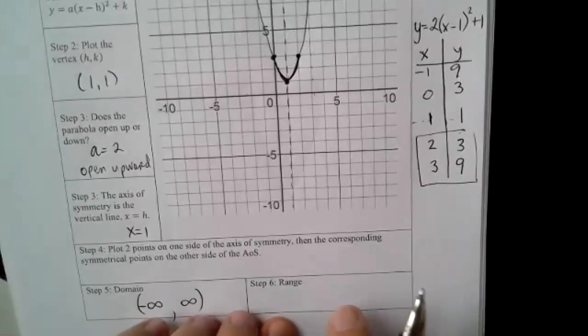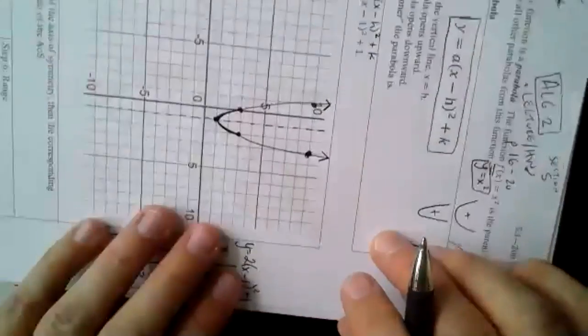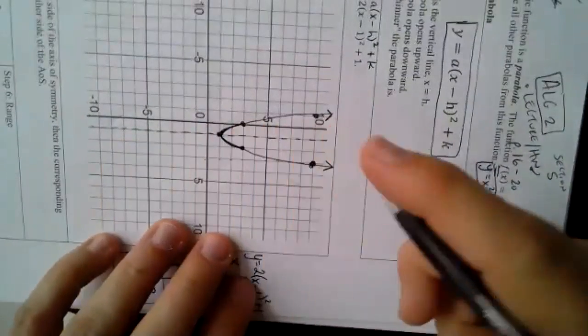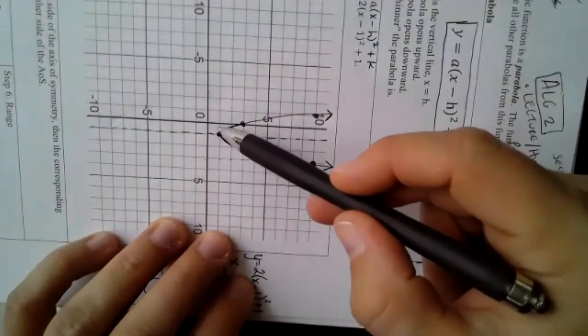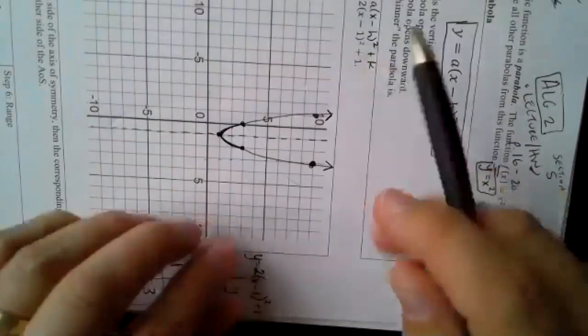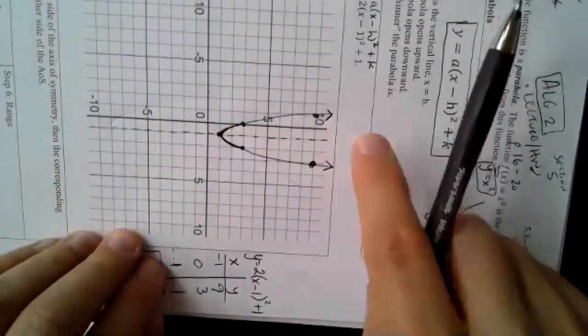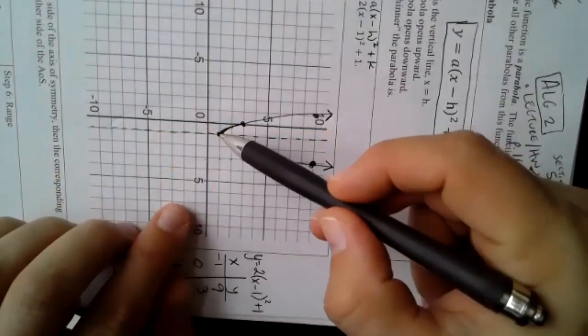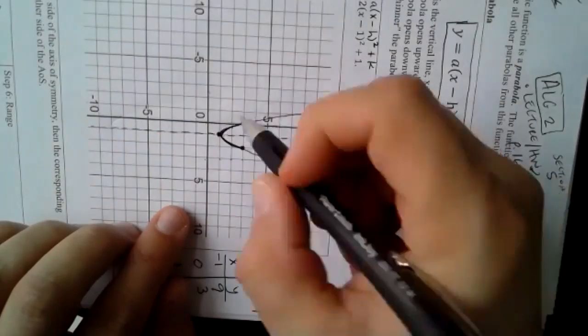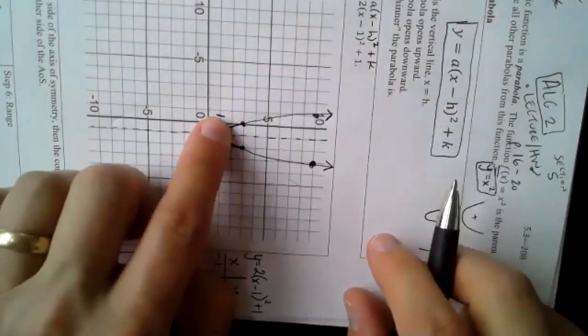All right. So now for range, all you have to do is turn it sideways like this, and let's look at the range values. So if this were to, not necessarily fall, but rise to the line here, where would it start? It would start definitely at 1, right? The number 1.